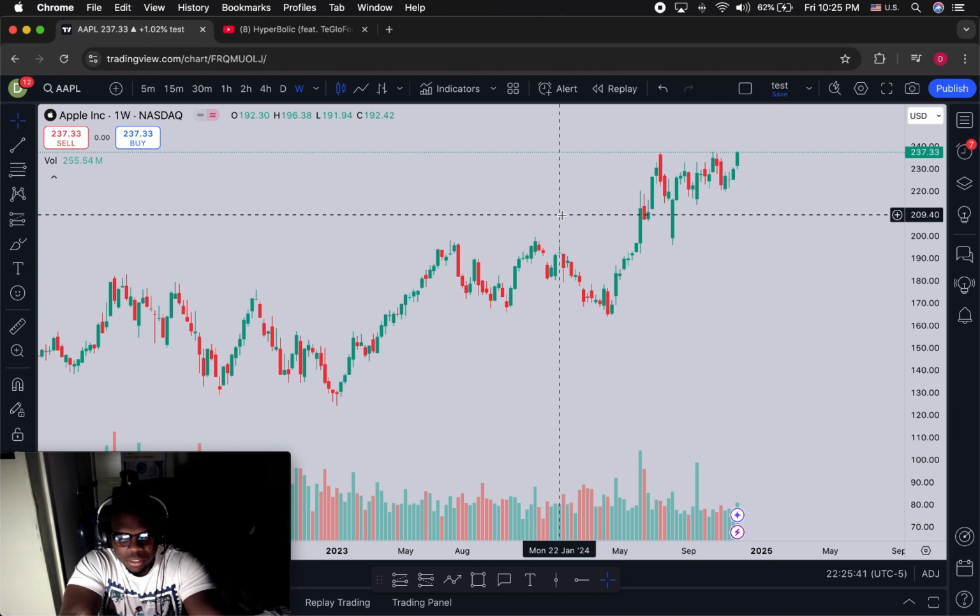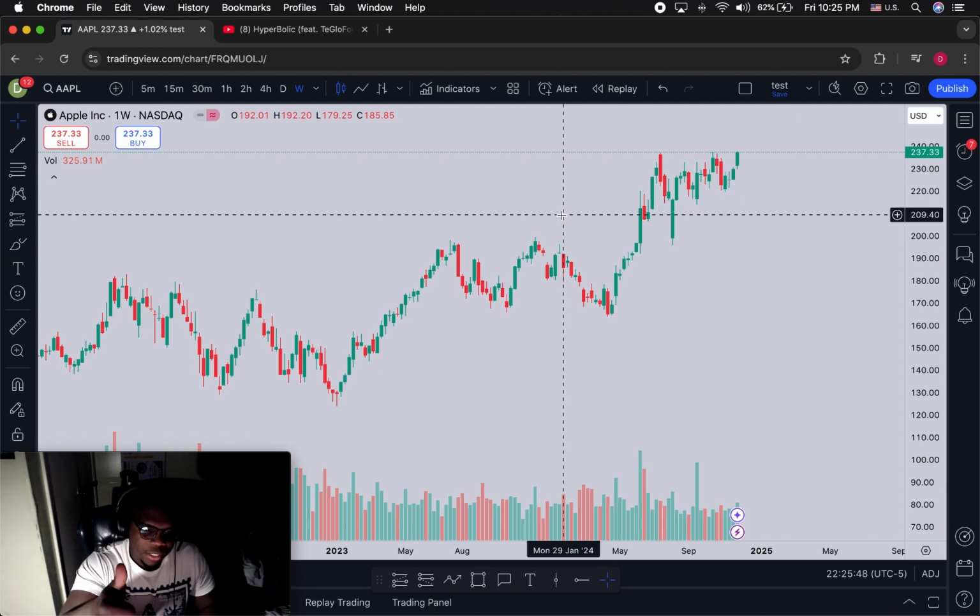All right, terminology. We have buys and longs. Same thing, two different words. You could buy and sell, and then the proper terms are long and short.